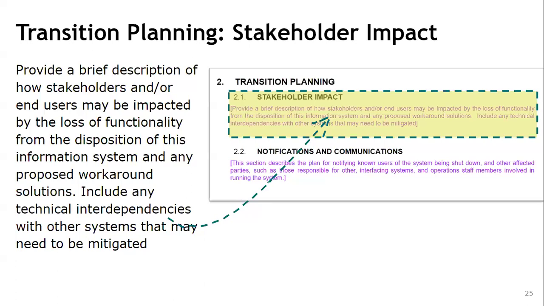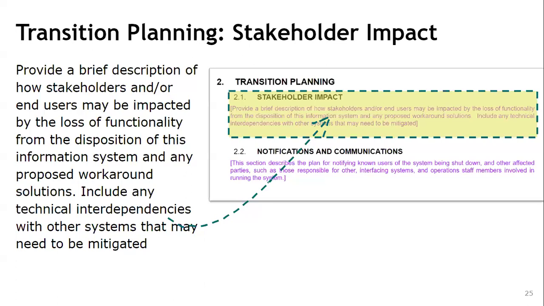If we are supposed to dispose of the project, then we need to discuss how stakeholders and end users can be impacted, and any proposed workaround solutions. We also need to include any technical dependencies with other systems that may need to be mitigated. This is very important. We are talking about project disposition here.